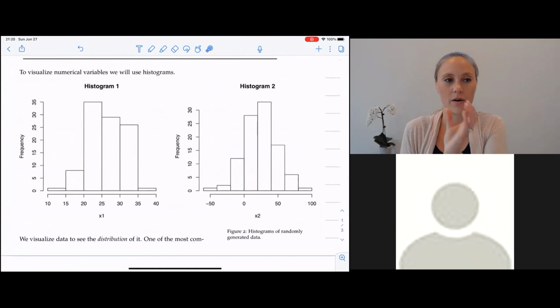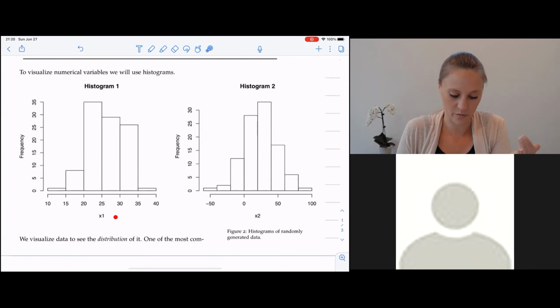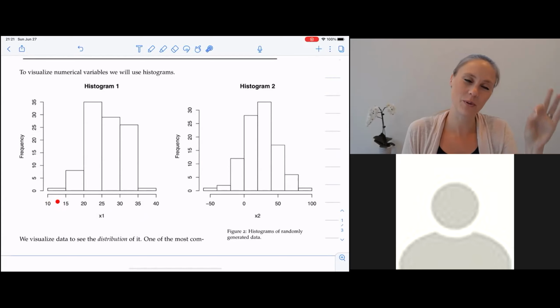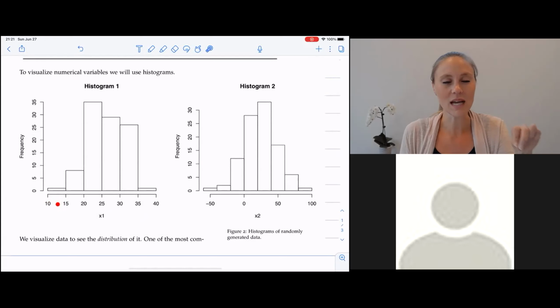We've broken up our continuous line here, let's call it X1, into bins. If you have a data point that's between 10 and 15, it goes in the 10 to 15 bin. We're essentially making categories, not officially or explicitly, but a histogram does put numerical data into temporary categories just to help us visualize the distribution.